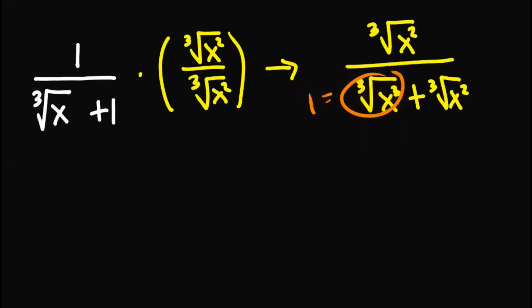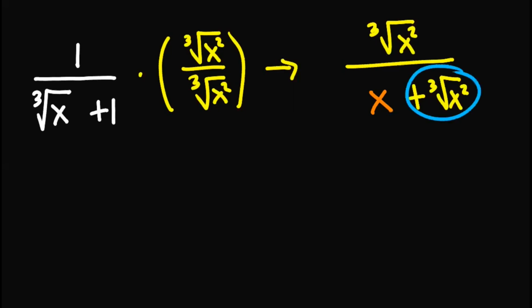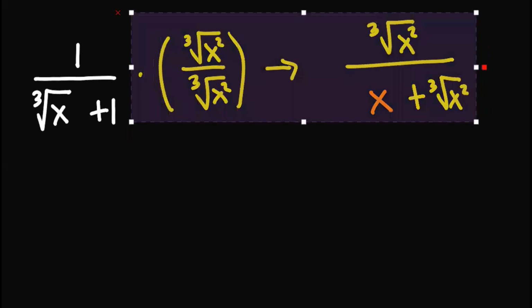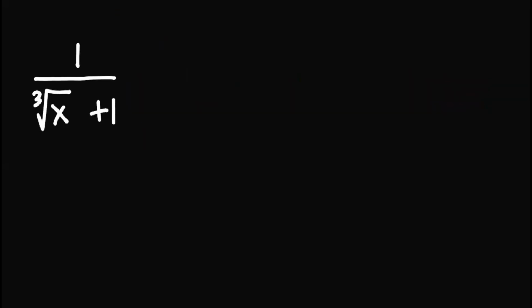Will be equal to x, since the radical and the exponent will cancel out. So we'll have here x. So we still have a radical, unfortunately, in here. So far, our methods are useless in this example.